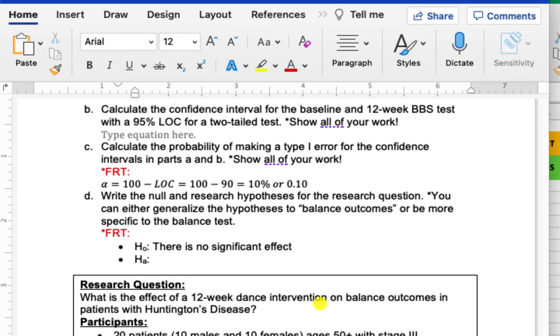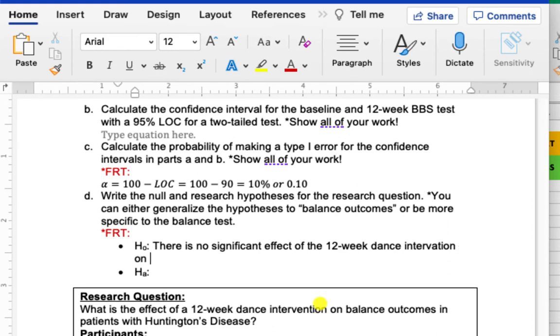Okay, so you can start it by saying there is no significant effect of the 12-week dance intervention, which is our independent variable, on FRT, or you can put balance outcomes.